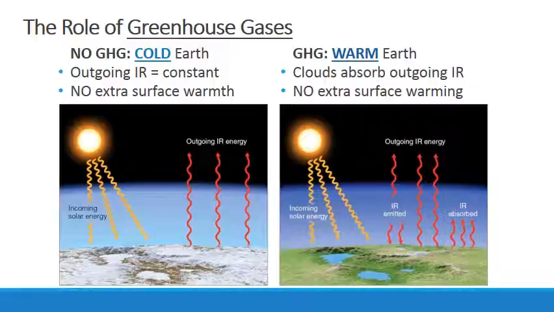Research of airless planetary bodies like the moon leads scientists to determine that if Earth had no atmosphere, it would have an average surface temperature well below freezing. Fortunately, Earth's atmosphere traps some of the outgoing radiation, which makes our planet habitable. The extremely important role that the atmosphere plays in heating the Earth's surface is known as the greenhouse effect.